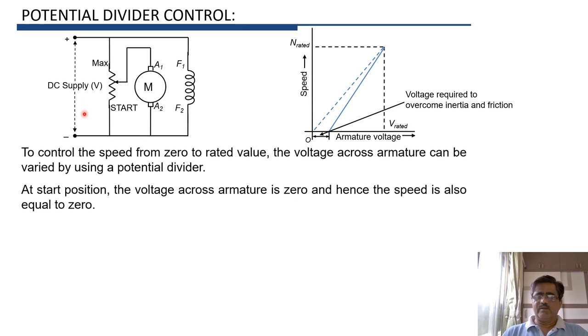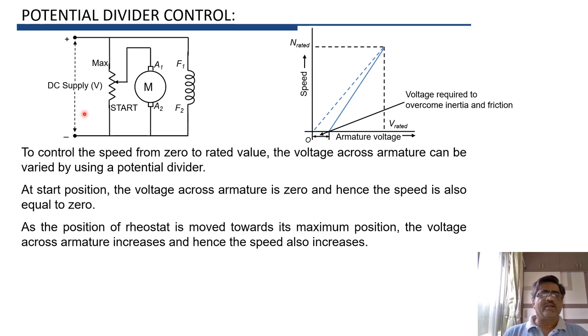Now as the potential divider is moved towards maximum position, the voltage across armature goes on increasing and therefore speed also increases. So as we increase the armature voltage, speed of motor goes on increasing.